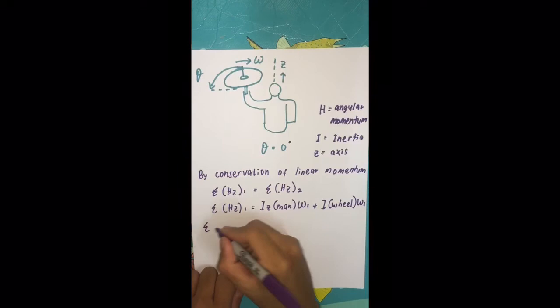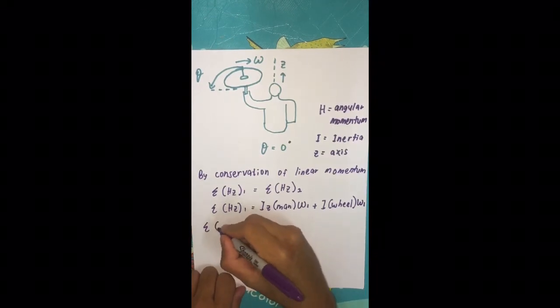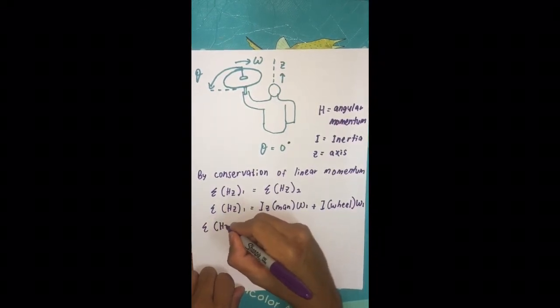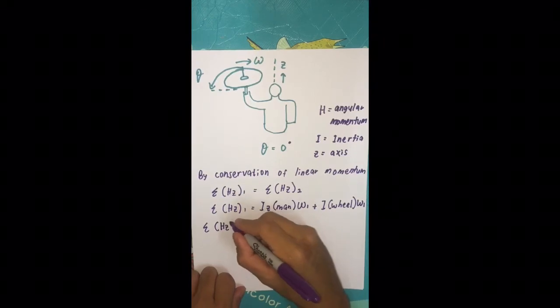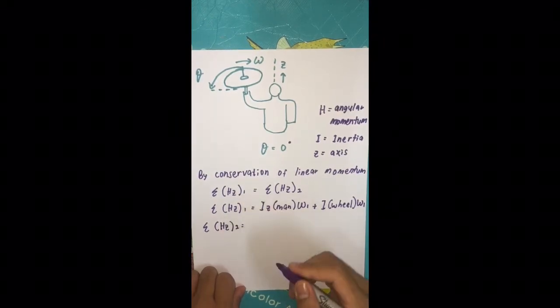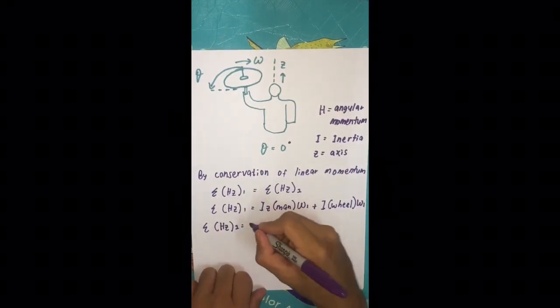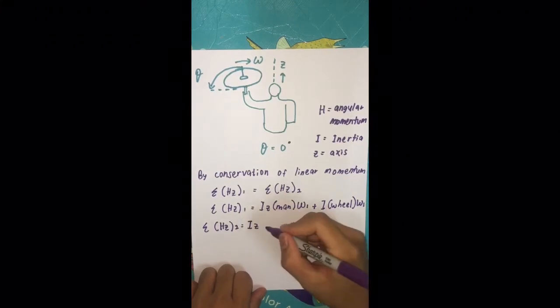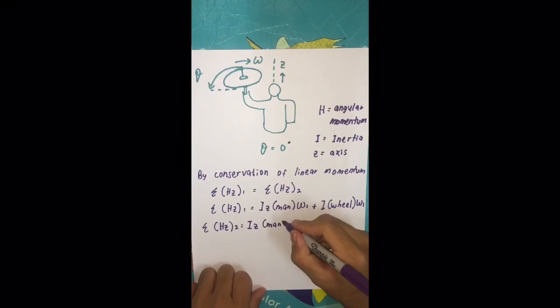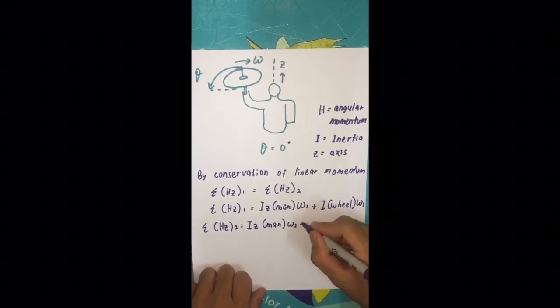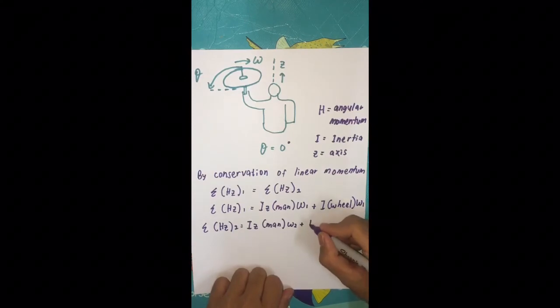Then the summation of angular momentum at state 2 is the same, but for this one it is omega 2, also the wheel omega 2.